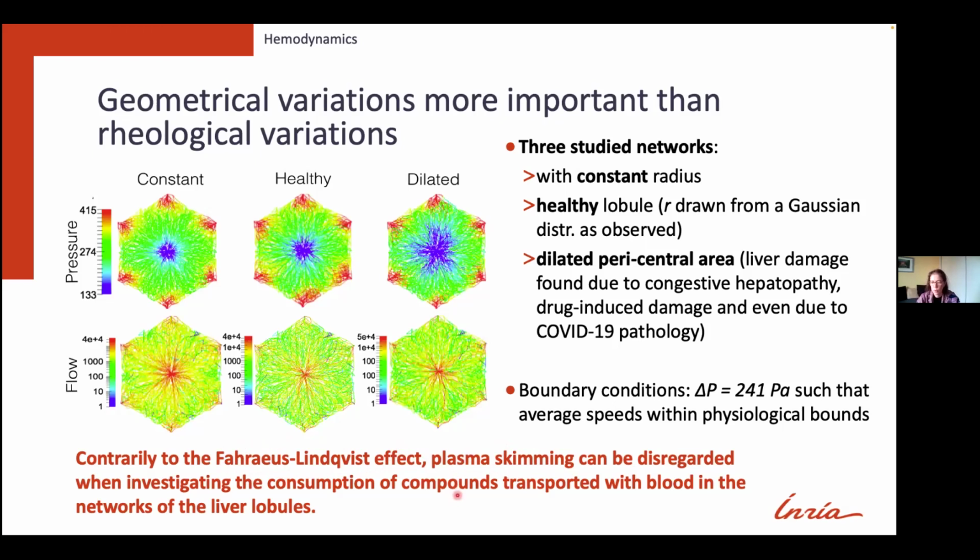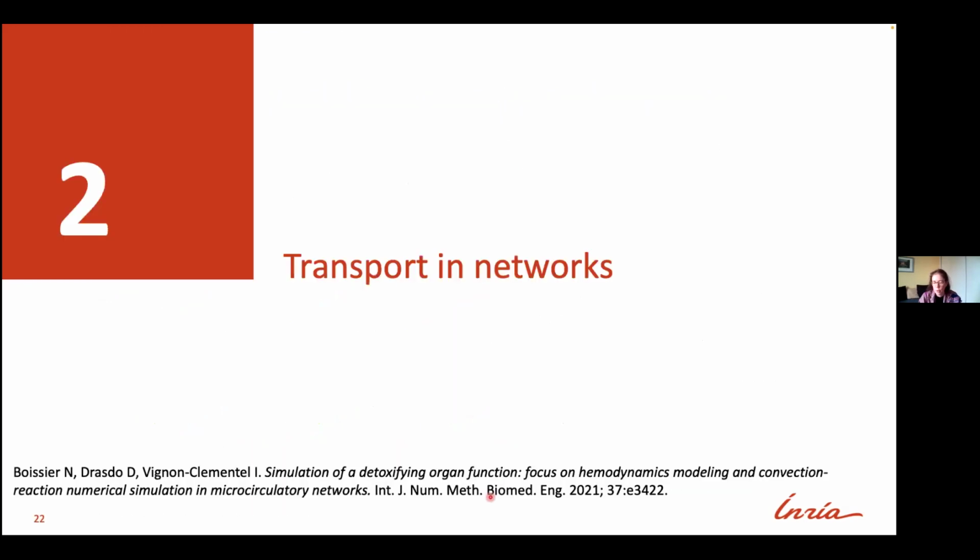So to model compounds that are injected in the blood. So compounds that can be drugs, for example, or contrast agents that are injected in the blood for medical imaging, typically, or concentration of metabolites. So, for example, when some colleagues study ammonia detoxification by the liver.